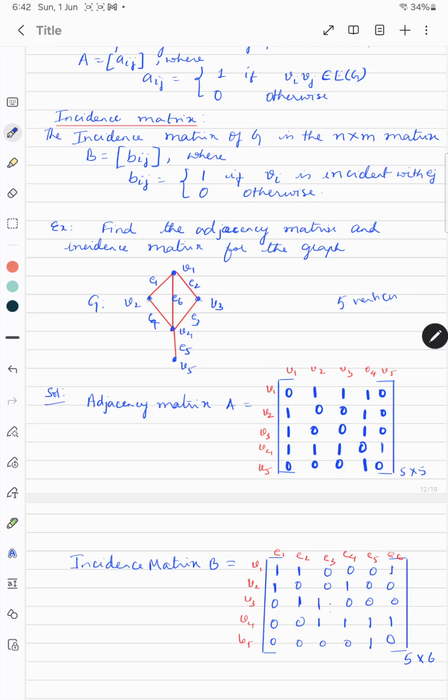Similarly, if you consider V2, the edges E1 and E4 are incident with V2, so E1 and E4 with V2 take the value 1, rest all 0. Similarly, you can write the remaining 3 rows. So this is called the incidence matrix.